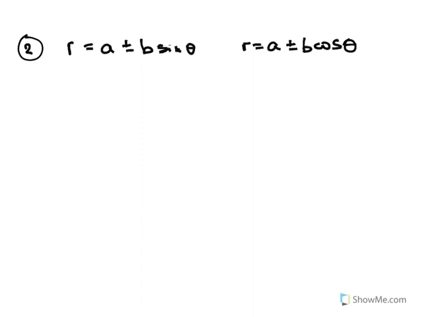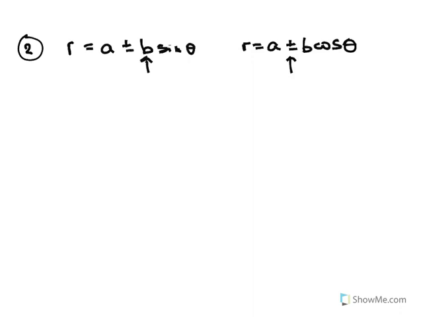But right now, I just want to make sure you remember what those equations look like and what the shapes are. Now, very important, when you have these two, it applies to this one and this one, okay? As long as you have A plus or minus B, sine or cosine of theta.